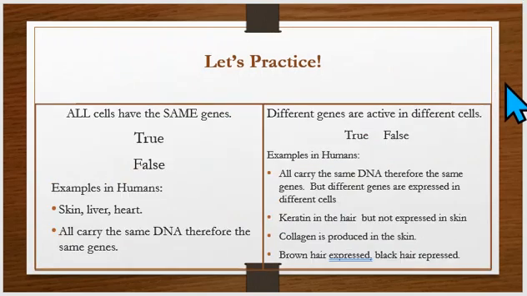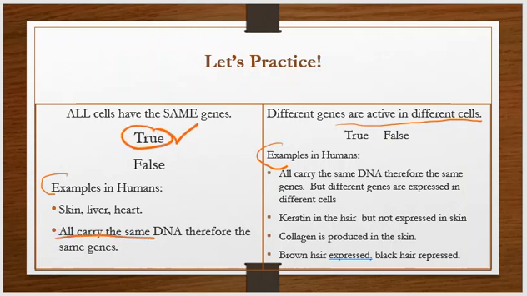All right, the next questions. All the cells have the same genes, true or false. Here's some examples. And different genes are active in different cells, true or false. Here's some examples. So pause the video and try to answer these on your own. The answer is already here at the bottom. This is true.